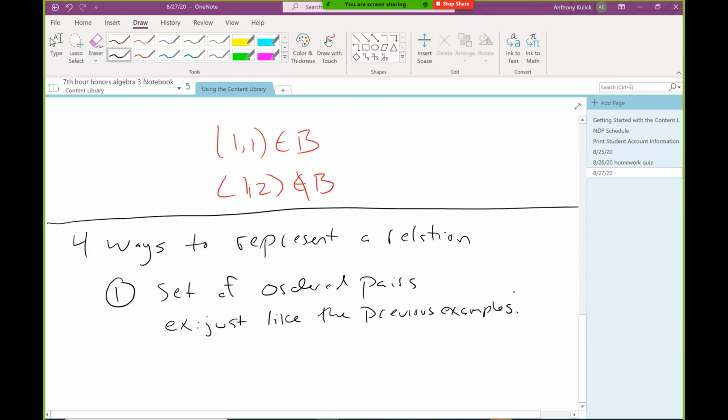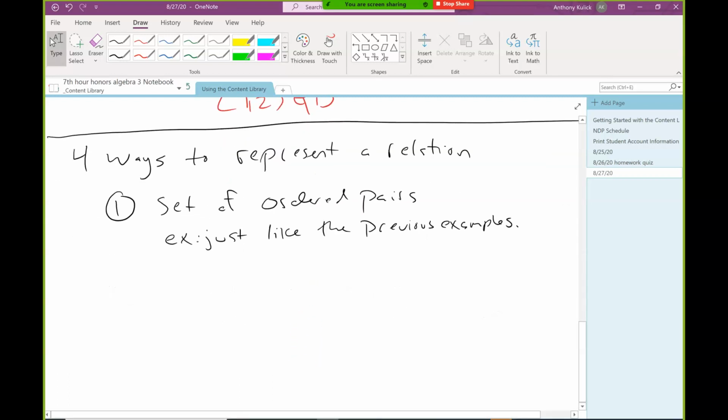So I'm not going to do a new set of examples. We just did sets of ordered pairs there as the basis for our definition. So there's not much more to say about that. Note that here we can do this with finite or infinite relations, right?